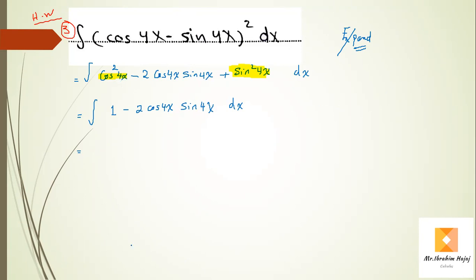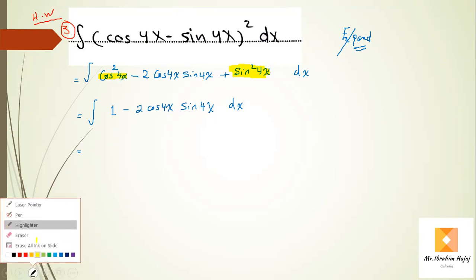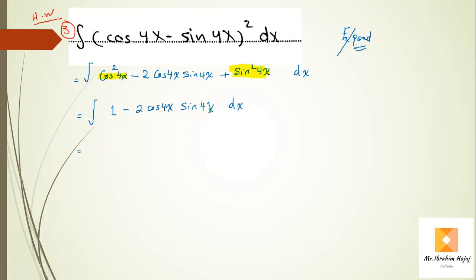Excellent, yes, this part is the double angle sine identity. You studied this identity before: sine 2x equals 2 sine x cosine x.